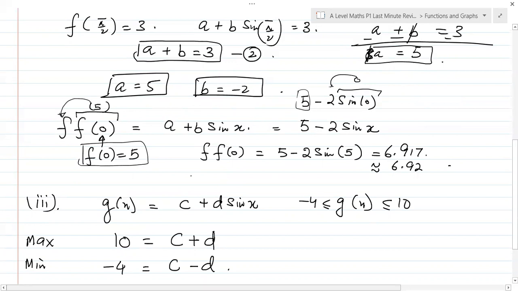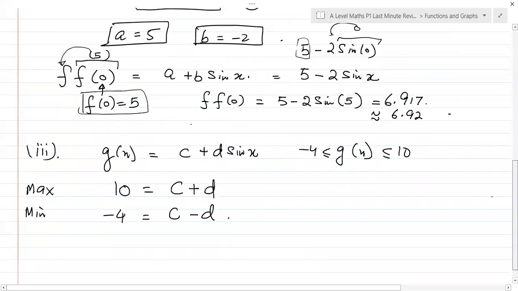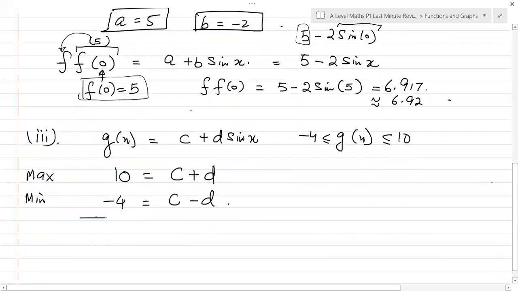So now what can we do? We have c plus d, and if we solve these simultaneously, we can cancel out the d's and work out the value of c. So by elimination, you get 2c, and 10 minus 4 gives you 6.